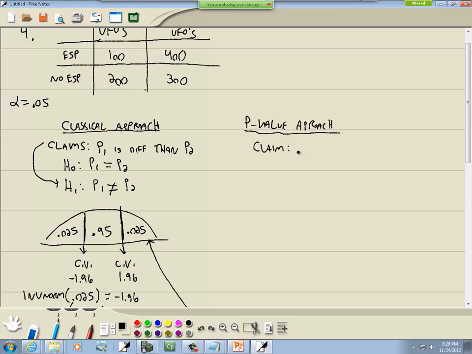So our claim is P1 is different than P2. All this is still the same. H0: P1 is equal to P2. H1: P1 is not equal to P2. Claim matches H1. It's two tails. Keep that in mind.